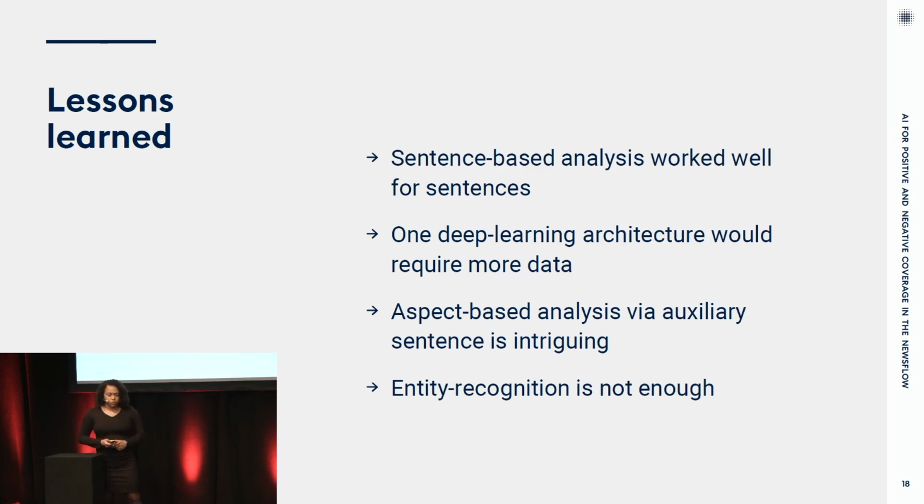We also heard some suggestion to train in one architecture the part that filters the article and do the assessment of the article in one deep learning architecture. And we would need much more data to actually use this approach. So we didn't try that.